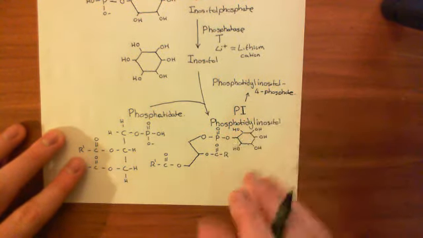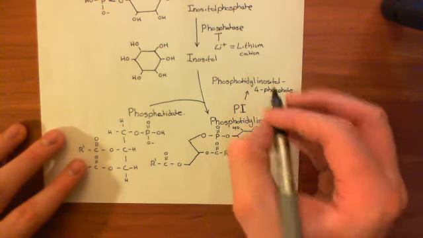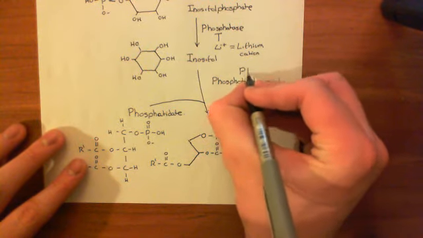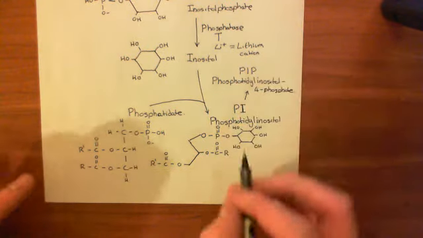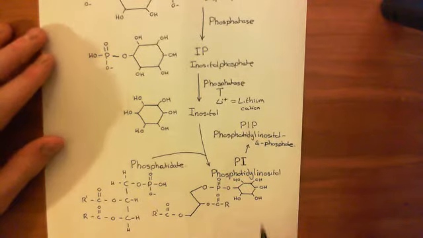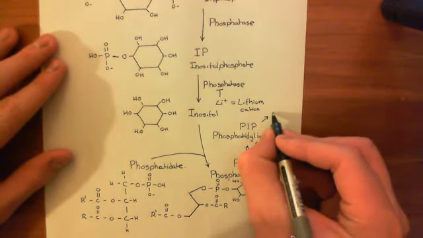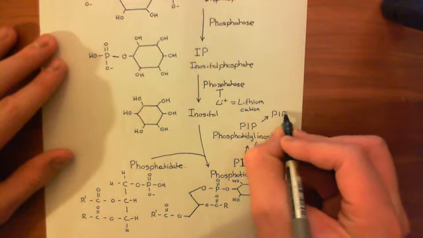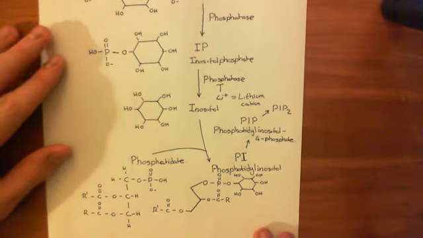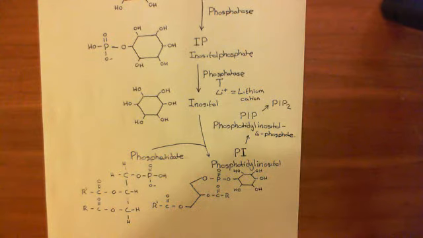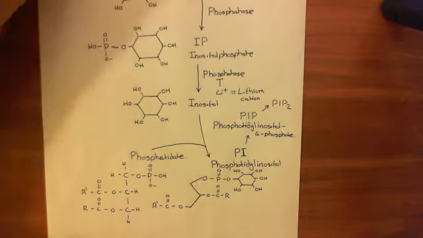So phosphatidyl inositol 4-phosphate would just be denoted phosphatidyl inositol and then a single phosphate. And then finally what you do is you add in the next phosphate group onto that second one to create phosphatidyl inositol 4,5-bisphosphate back, or PIP2. Okay, right. So that's the way in which you rejuvenate phosphatidyl inositol 4,5-bisphosphate from the IP3, basically.